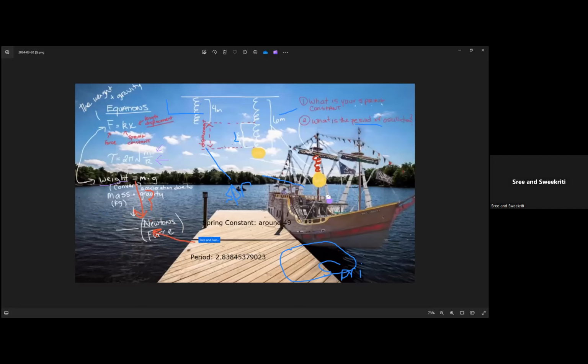But then again, humans usually take too long. I don't actually know how long the dock is. The dock was kind of negligible, wasn't it?